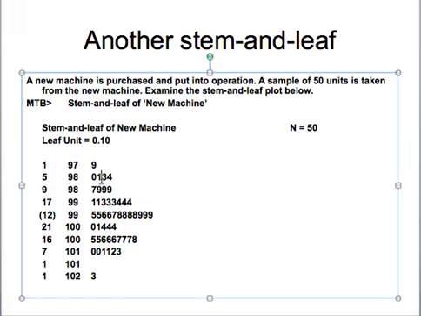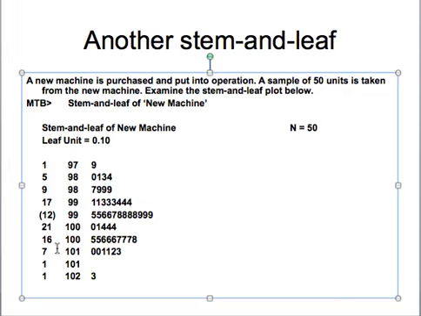Then we have 98.1, 98.3, 98.4, 98.7, 98.9. And our maximum value would be 102.3. So the leaf unit is very important, as I have said numerous times, in interpreting the values in your data set.